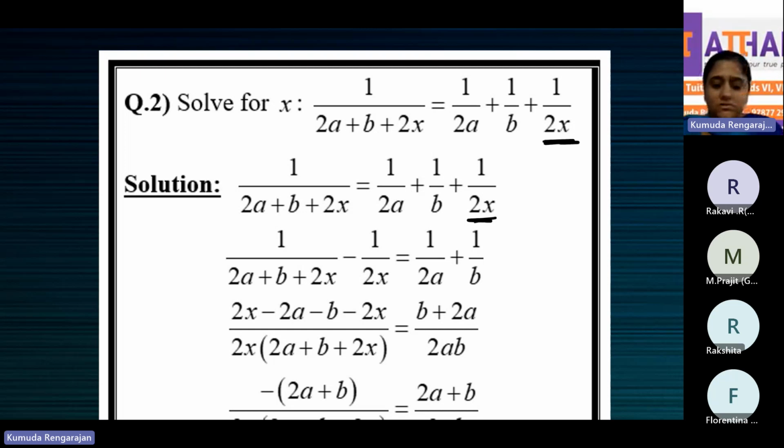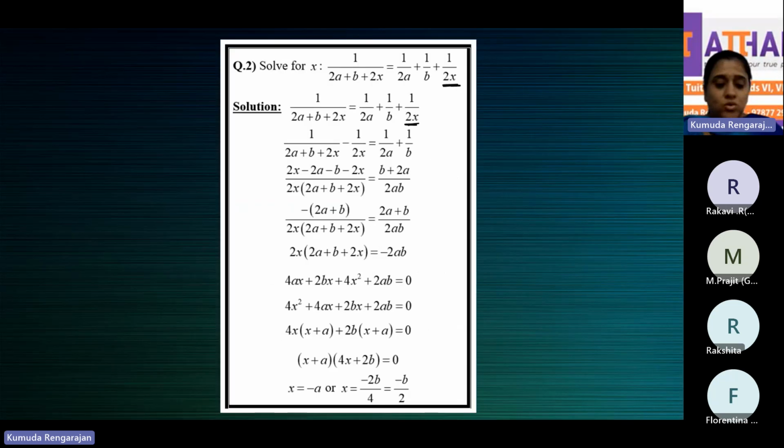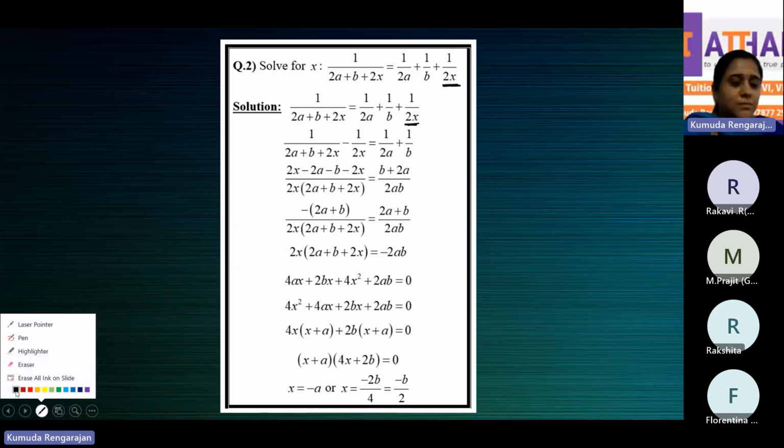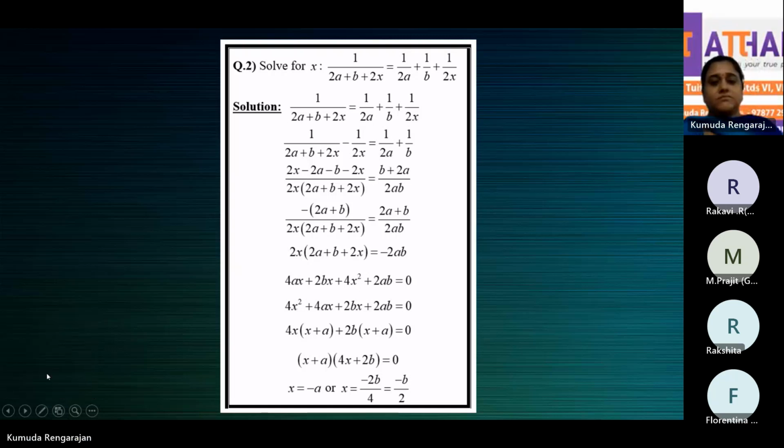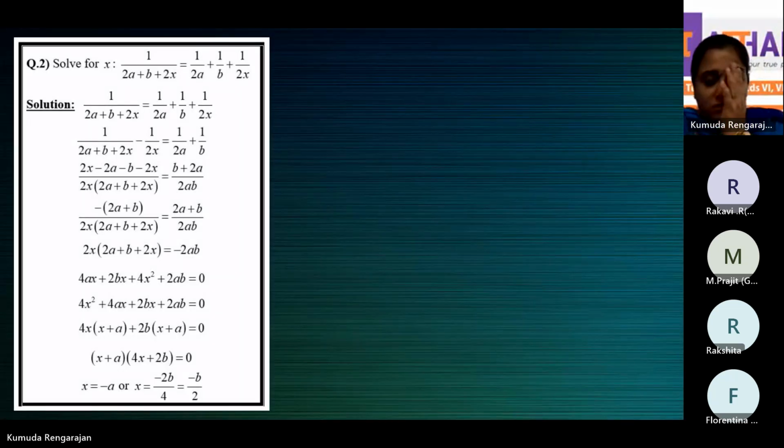Same thing. Very similar to the previous work. Okay, you just go through the answer and ask me if you have any doubts. Yeah, children, please go through the answer.